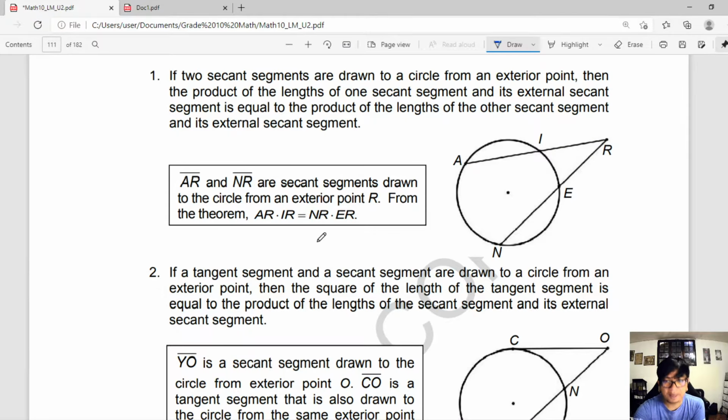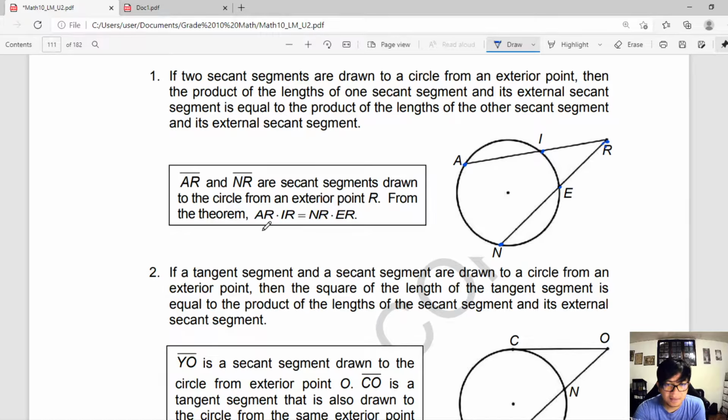From the theorem, the product of the secant, so this one AR, times IR, the external secant, is equal to the product of another secant times its external secant.